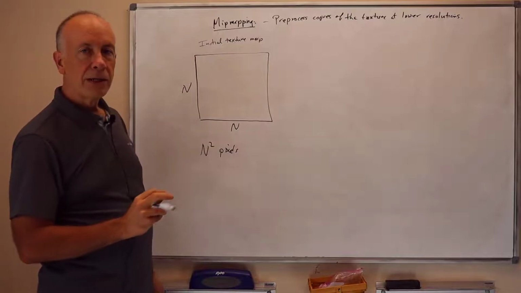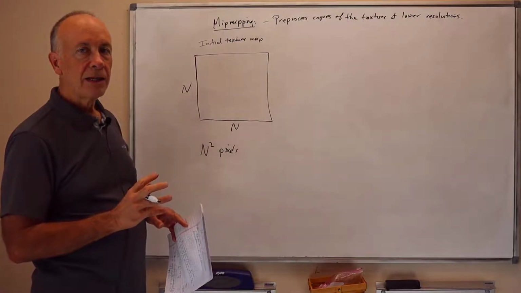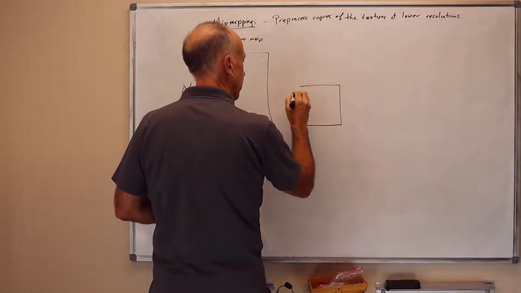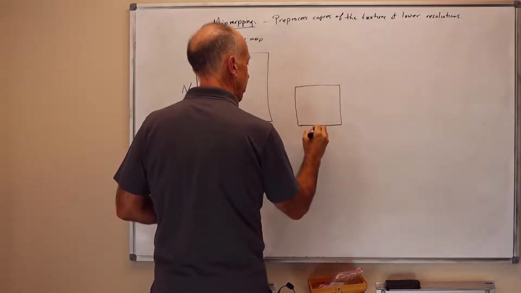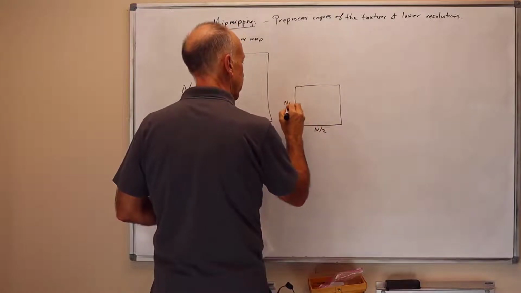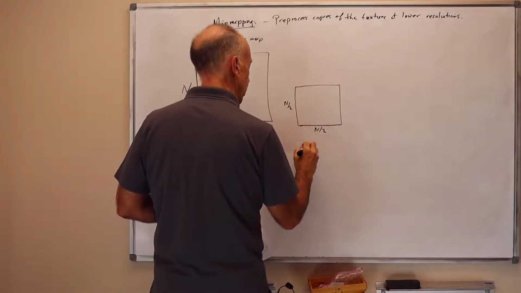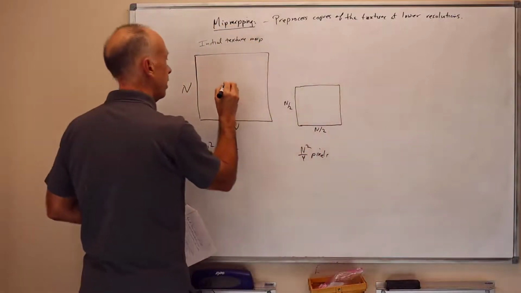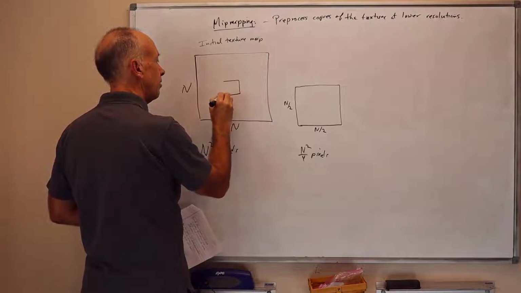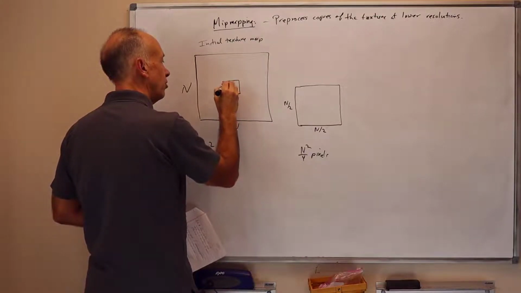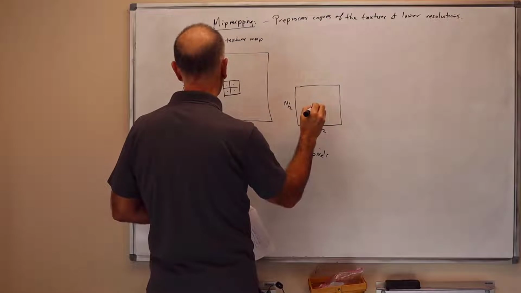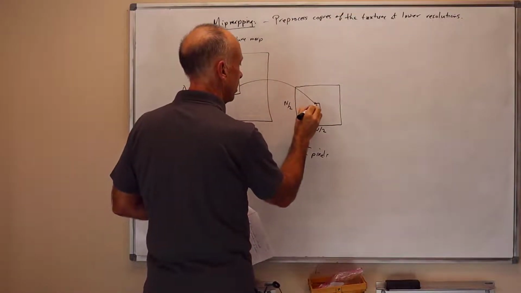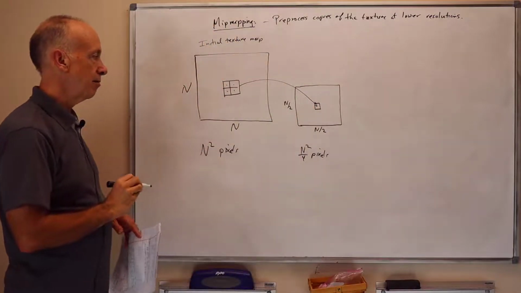And what we're going to do is we're going to shrink it in size successively. We're going to take that n by n array of pixels and make a new smaller texture map, which has n over 2 pixels by n over 2 pixels, so it's n squared over 4 pixels total. And we do this by taking successive blocks of 2 by 2 pixels in the texture map and mapping them by averaging to a single pixel in the next mipmap level.